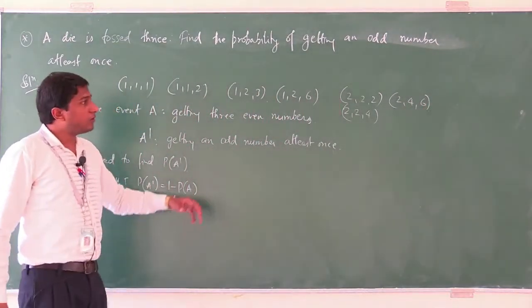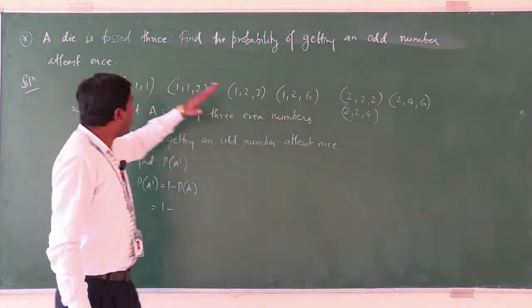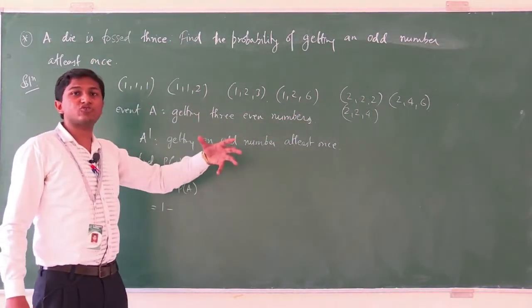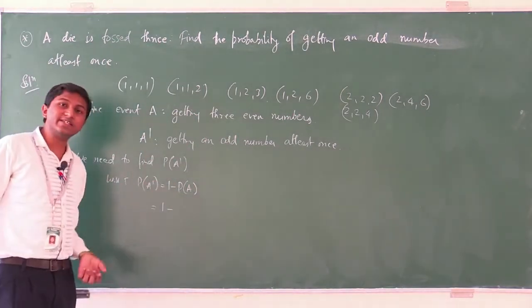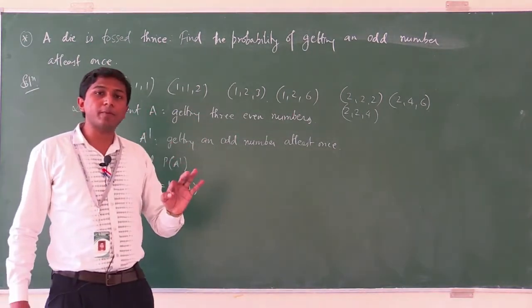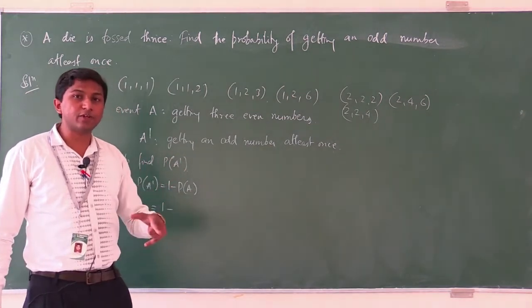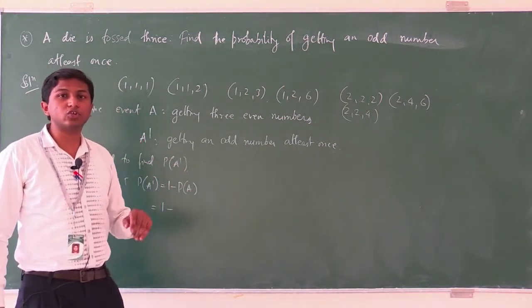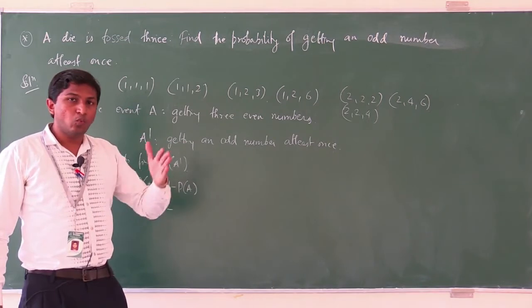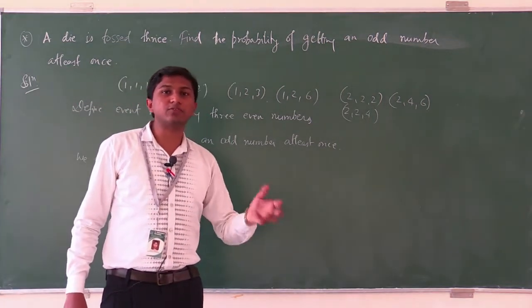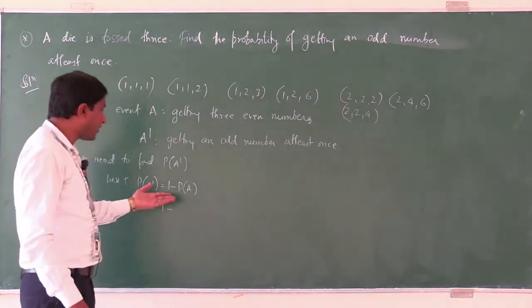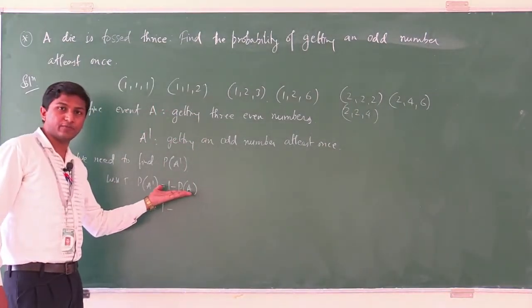Now we are not going to think of all the 3 trials together. We are just going to think about the probability of getting an even number in one particular toss of a die. Once you find that out, we are going to use the multiplication theorem on probability and find the probability of event A.